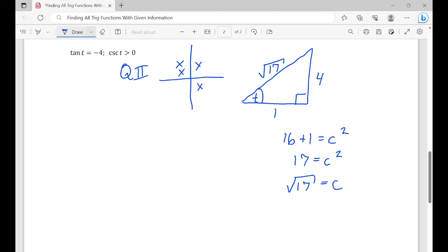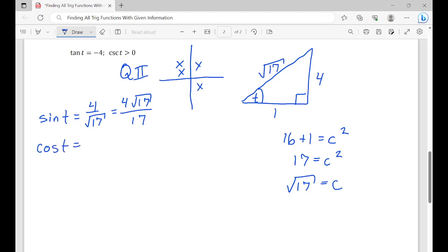So let's start off with sine. So sine t, again, is going to be opposite over hypotenuse. So 4 over square root of 17. But if you need to rationalize it, it would be 4 root 17 over 17. Next is cosine.